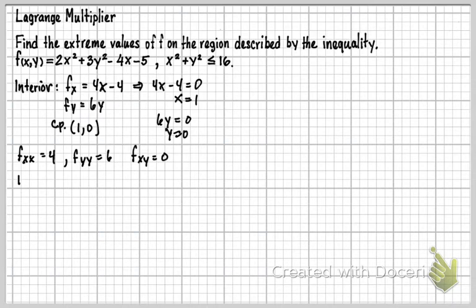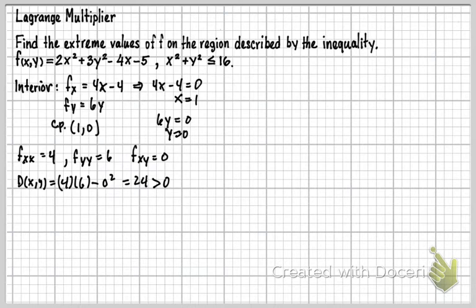So D equals 4 times 6 minus 0 squared, which equals 24, which is greater than 0.